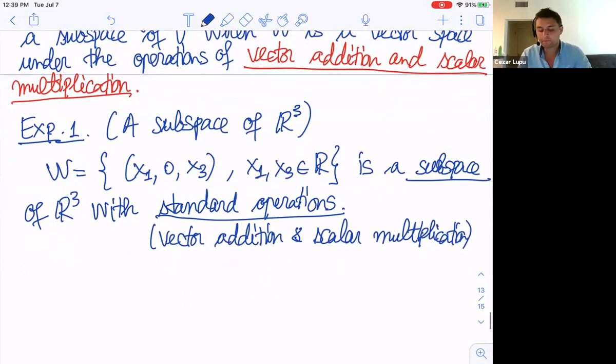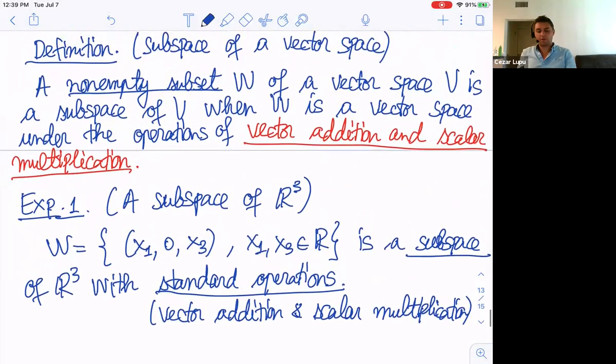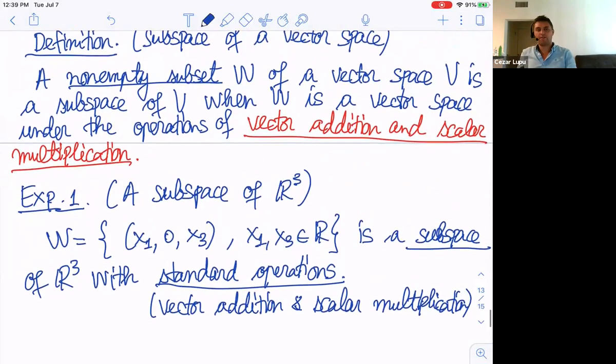Okay, so let's see why you would think that this is a subspace of a vector space. Let's look at the definition. I want you to look very carefully at the definition. It says that W must be a non-empty subset of a vector space V which is a vector space.